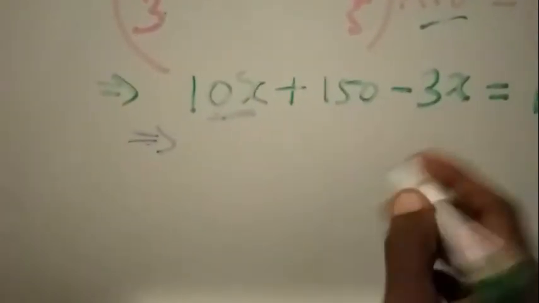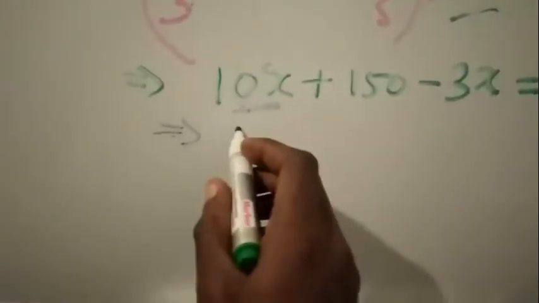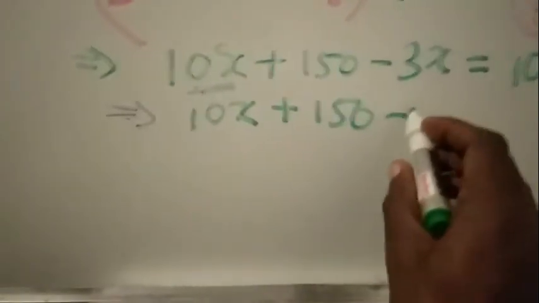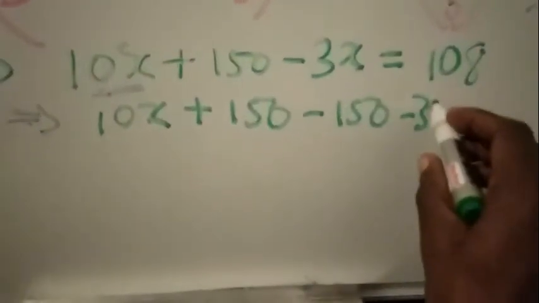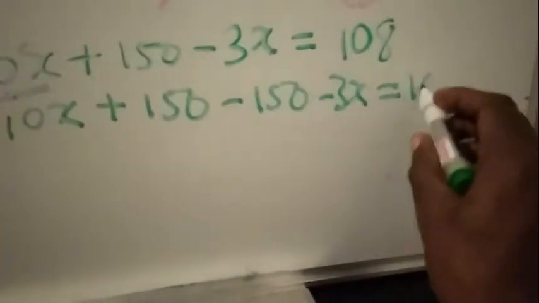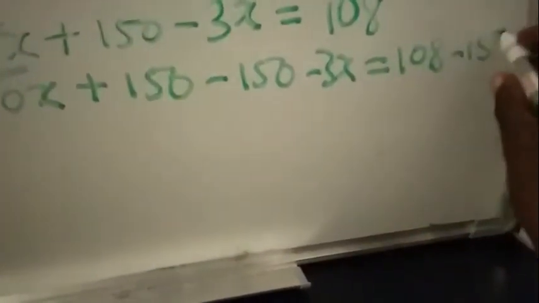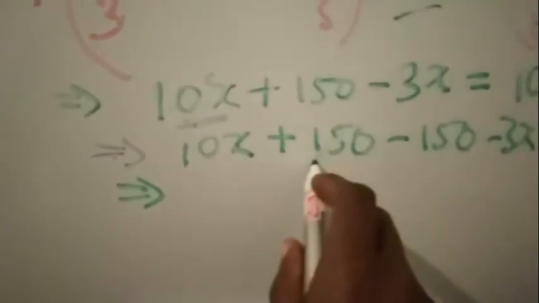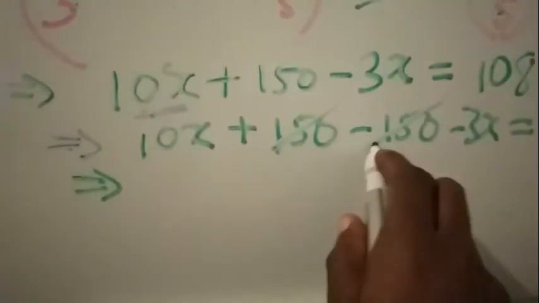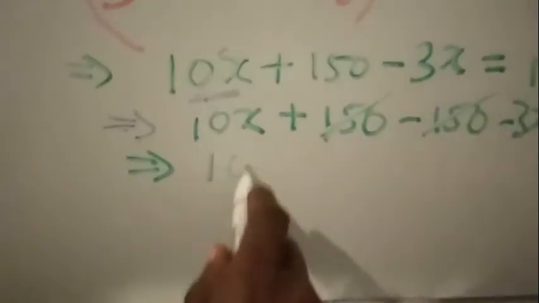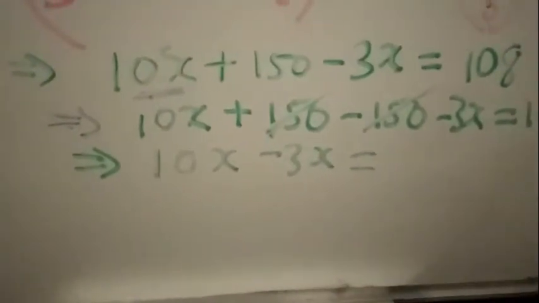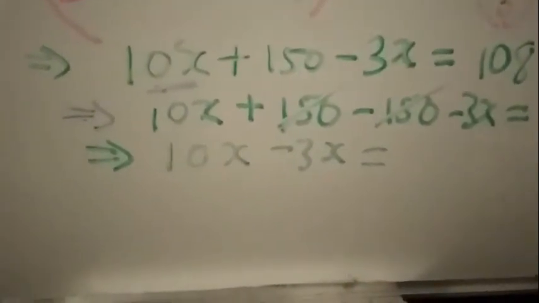But what you can do is say 10x plus 150 minus 150 minus 3x equals 108 minus 150. Okay, so from there this goes, so you remain with 10x minus 3x equals 108 minus 150.